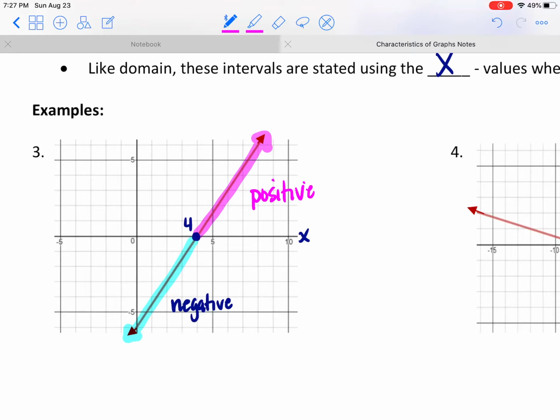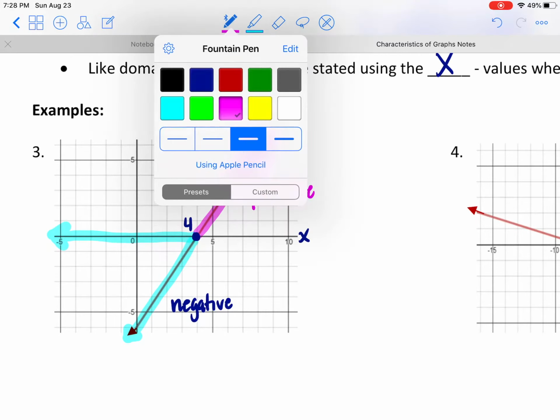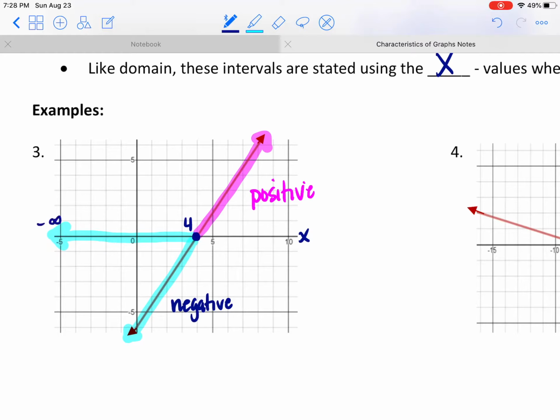Now, over what intervals are we going to state these things are happening? So this negative portion of the graph corresponds with this interval of x's. Okay, so we're going to say that everything from negative infinity up to 4 is going to be negative.